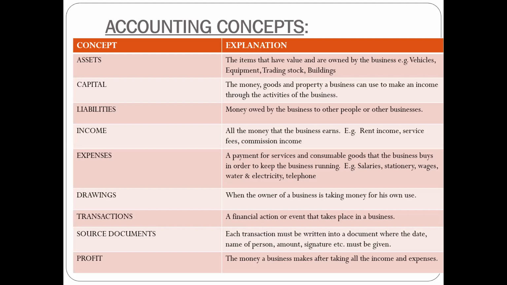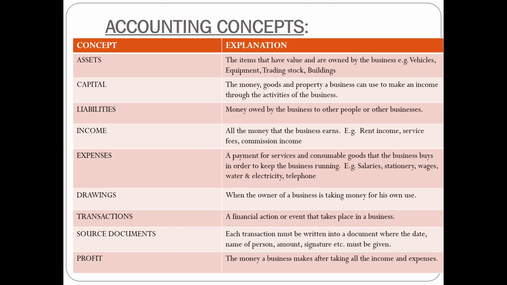Then the next one is drawings. Okay, this one you must please remember. This is when the owner of a business is taking money for his own use. Okay, and this is sometimes happening in a business. So for instance, let me give you an example. Let's say the owner is in the business and it's quite late in the evening already. And then he remembers, oh my gosh, he needs to pay his children's school fees tomorrow morning.